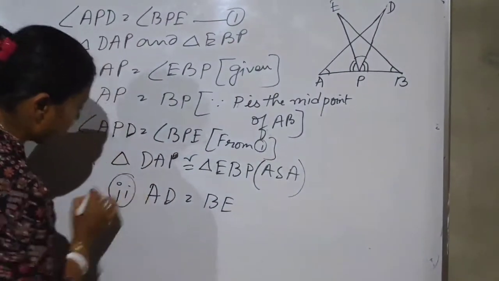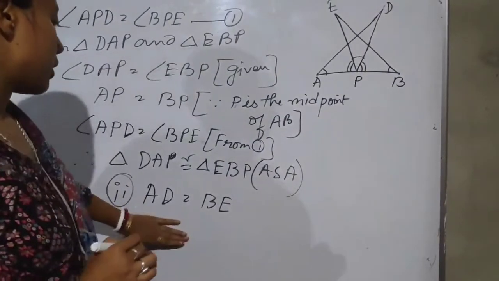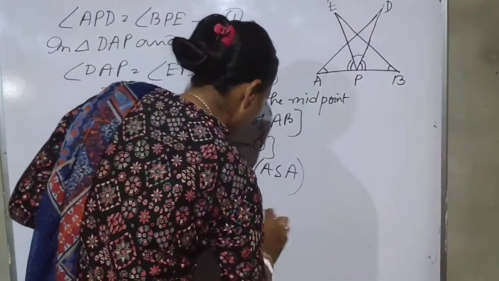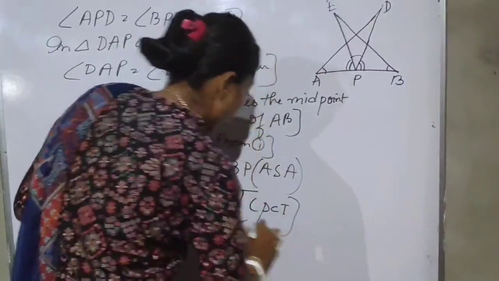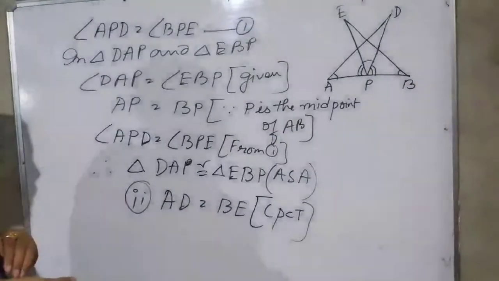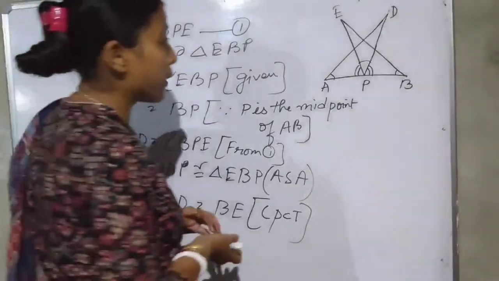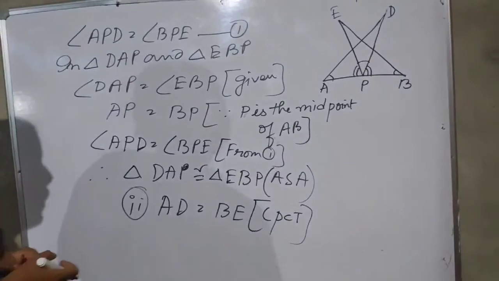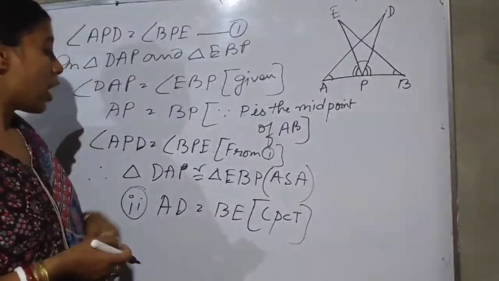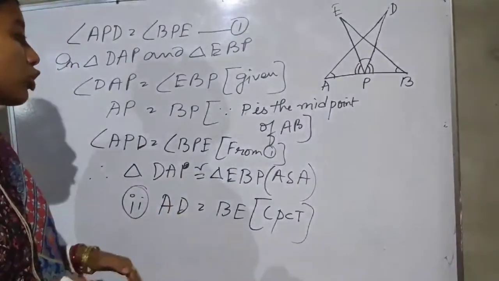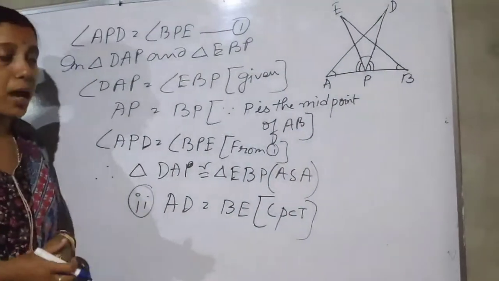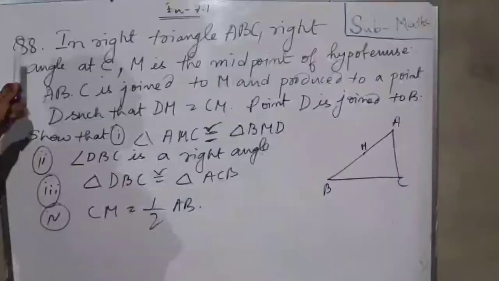This was our question, to show that AD will be equal to BE. We know that this will be equal by CPCT, corresponding parts of congruent triangles are equal. So AD and BE are the corresponding sides of triangles DAP and EBP. So after proving congruence by ASA, we can say that AD equal to BE by CPCT.